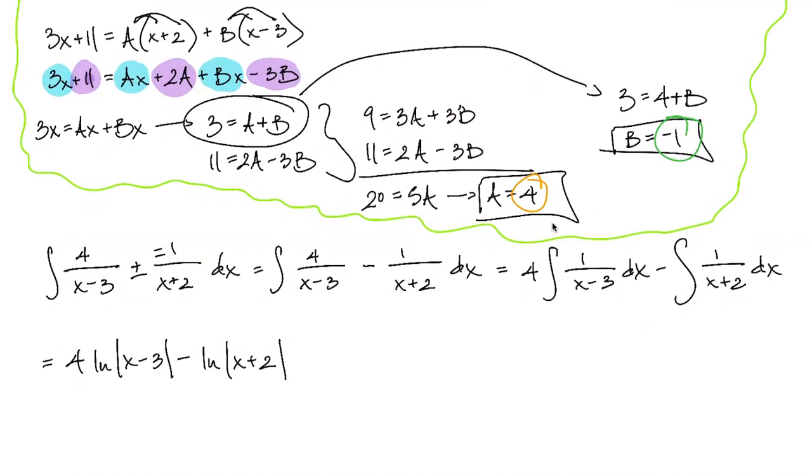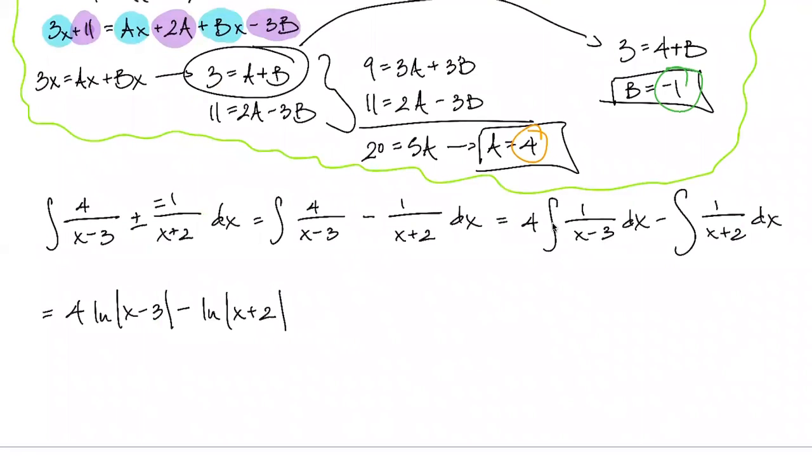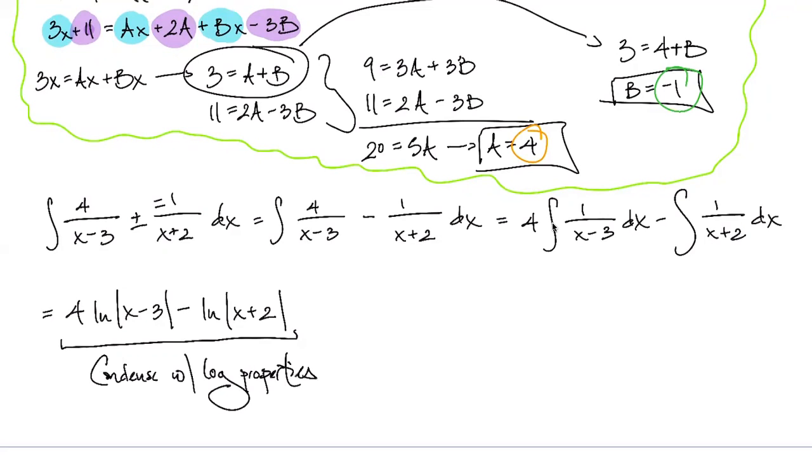But even this answer right here, depending on who you take Calc 2 with, they might want you to simplify this more. So what we can do here is go back and use what we know about log properties. Log properties, that's going to be on the final because we're going to see that stuff again.